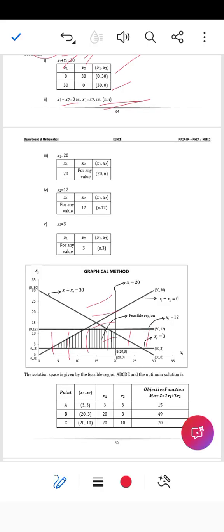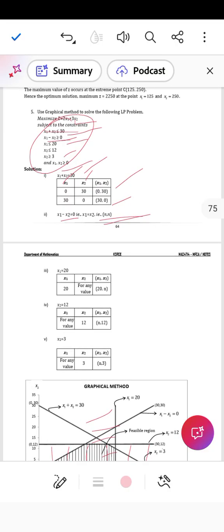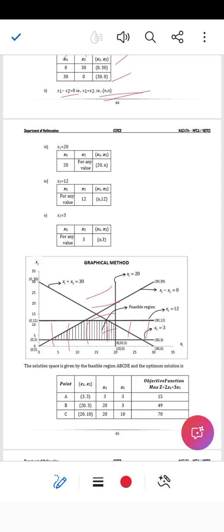And x1 less than or equal to 20: the region is the left side of the line x1 equal to 20. Another inequality, x1 minus x2 greater than or equal to 0: the region is below the line x1 minus x2 equal to 0.